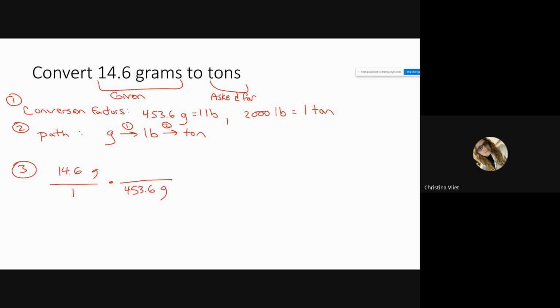The grams have to cancel, so the part that goes with grams has to go on the bottom, and the pounds has to go on the top. That's so this cancels, so we know we've converted from grams to pounds. It also tells us, if you're comfortable with it, that this is just a division: 14.6 divided by 453.6, and with those 2 numbers, I'll have pounds. And that's what you're going to do.